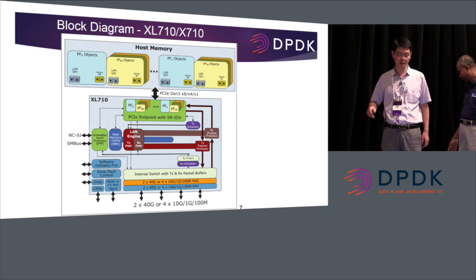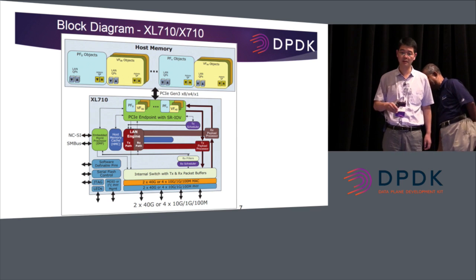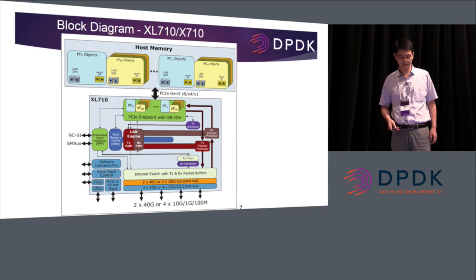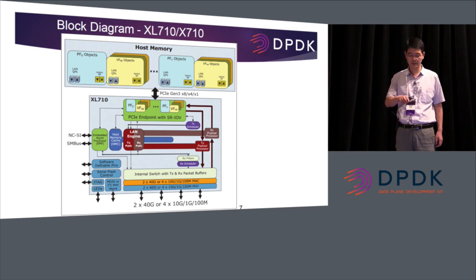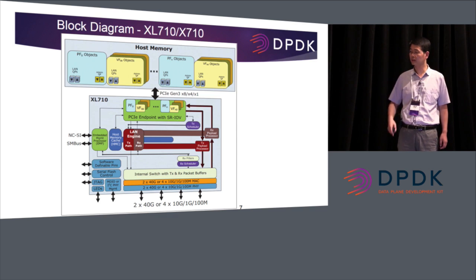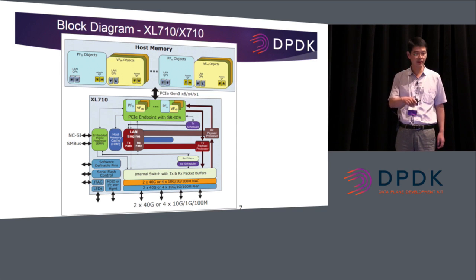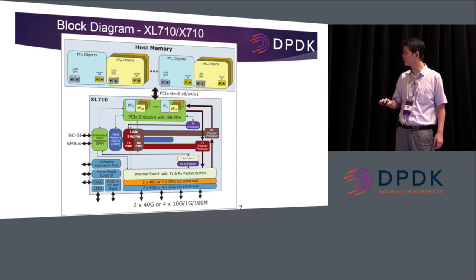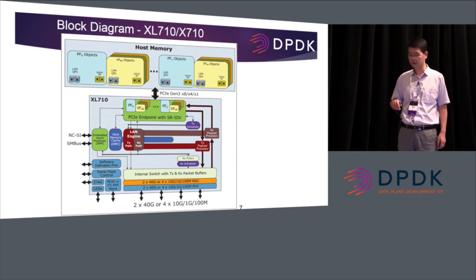The top one is the logic block on the host memory. In the bottom, we have the PHY and the MAC. It can support 2 by 40 gig ports and at most 4 by 10 gig. We have 4 versions of NICs with different port speeds.